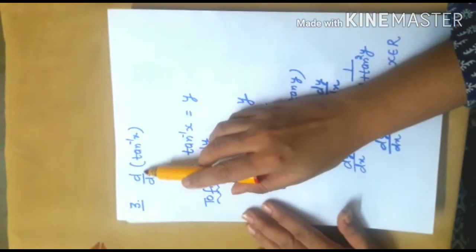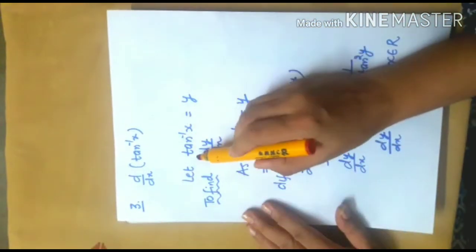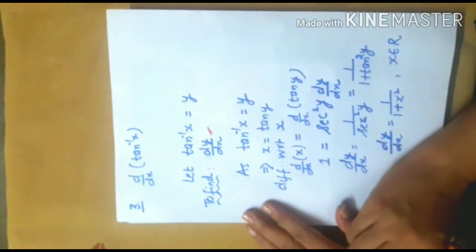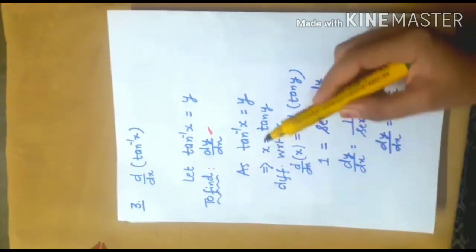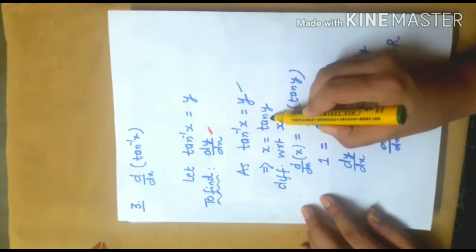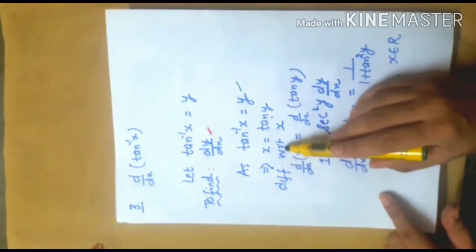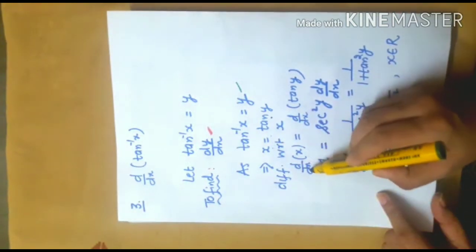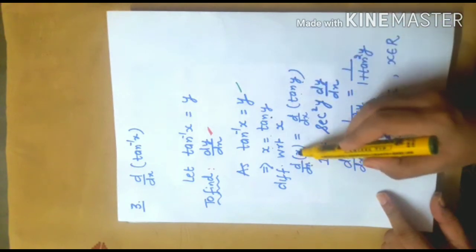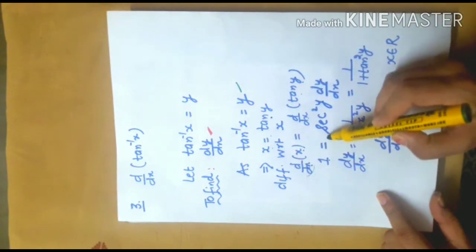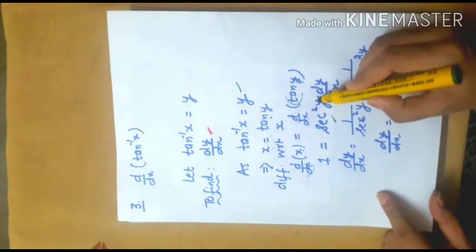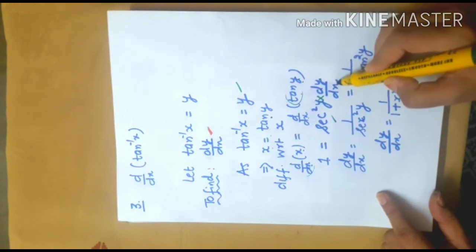Now we will discuss the derivative of tan inverse x. Let tan inverse x be equal to y, so we need to find out dy by dx. As tan inverse x is equal to y, this means x is equal to tan y. On differentiating with respect to x, I'll get the derivative of x with respect to x and d by dx of tan y. This derivative is equal to 1, and the derivative of tan y with respect to y is secant square y into the derivative of y with respect to x.